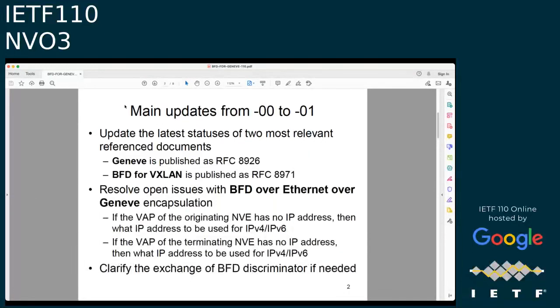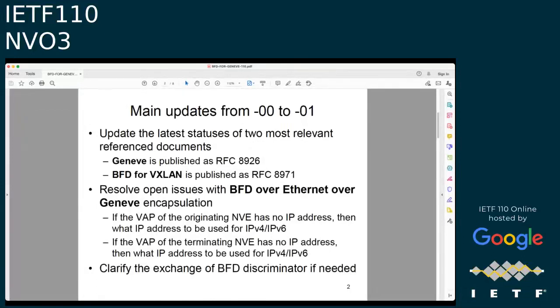The second main update is to resolve the open issues with BFD over Ethernet over Geneva encapsulation, including number one, if the VAP of the original NVE has no IP address, then what IP address to be used for IPv4 or IPv6?